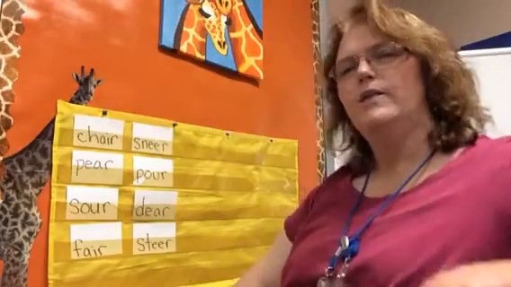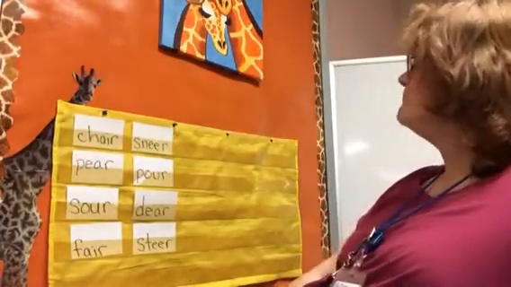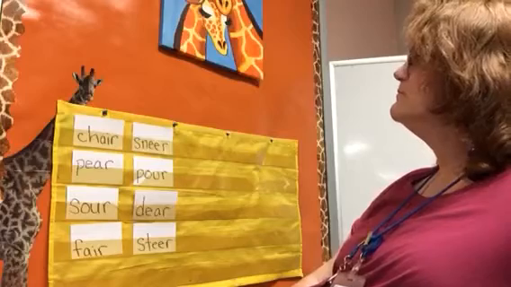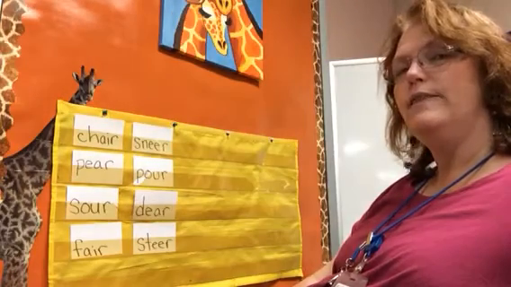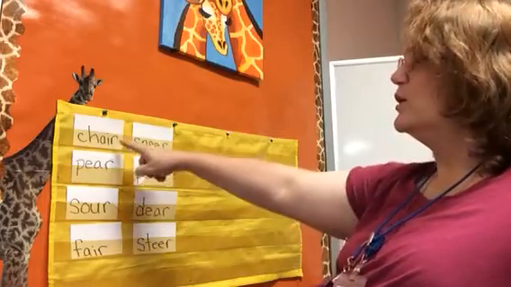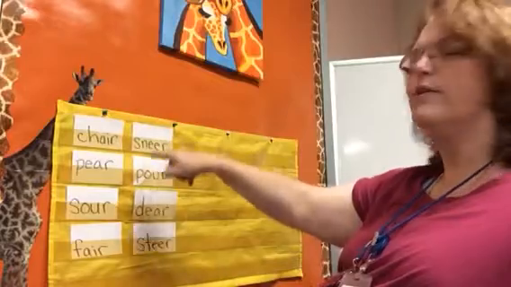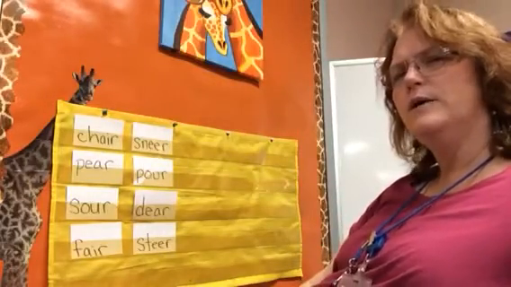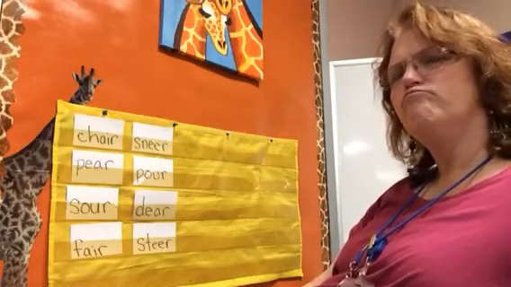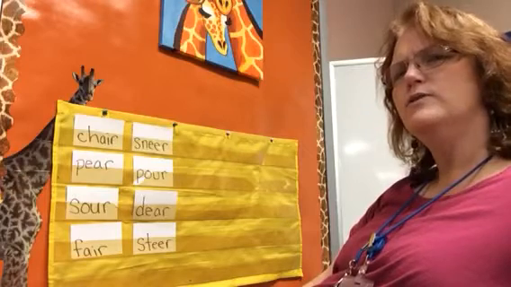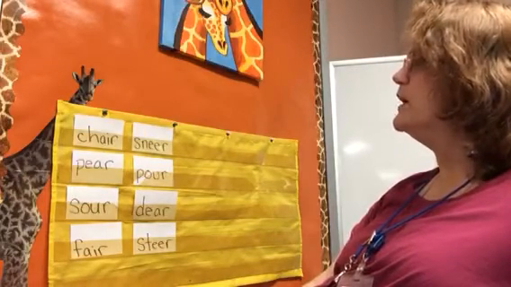So, what do you notice about all those words? Right off you can see that they all have an R. They all end in an R. What comes before the R? Is there any interesting pattern to what comes before the R?